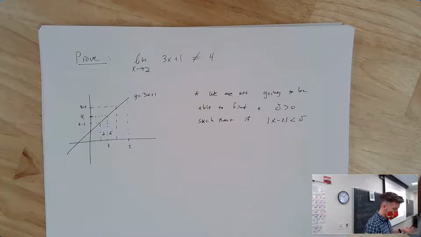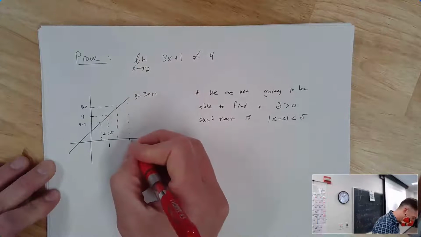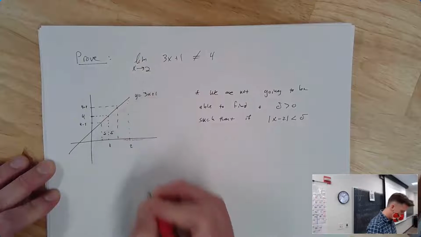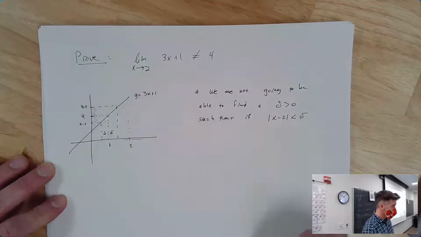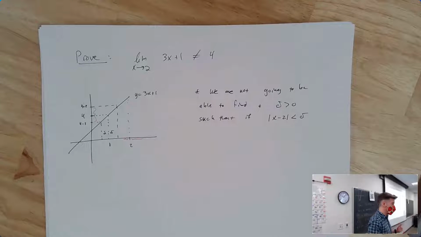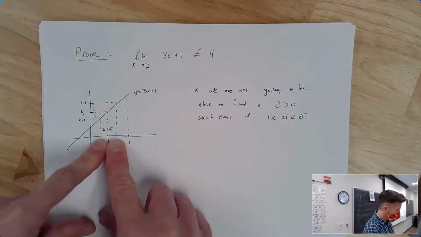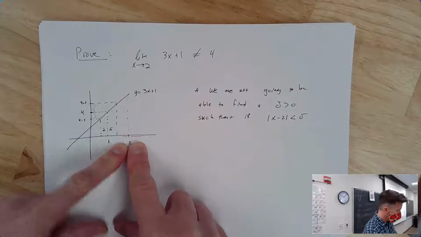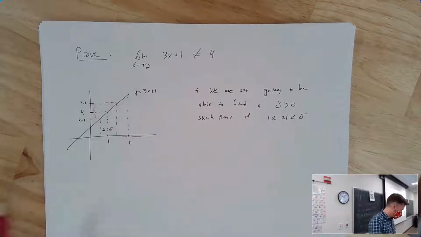If we're within delta of 2, we're living in here. That's not going to put us in this range here. That's a problem, right? Because that's what the precise definition of limit actually says: if the limit is what we say it is, we can find an interval on either side of the thing we're approaching so that our function values end up on either side of the limit we're getting close to.